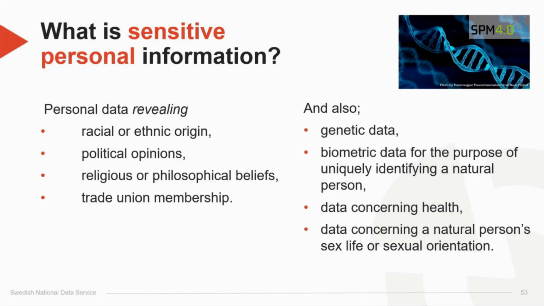In addition, though, genetic data, biometric data, and this means specifically for the purpose of uniquely identifying a person, so data that can be used as an identity check. Health data and data about someone's sex life or sexual orientation. There's a lot of things you could put into this if you wanted to, and it's not clear what the boundary of health data is.